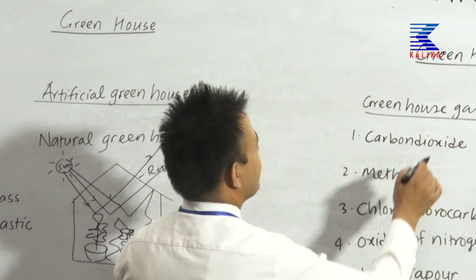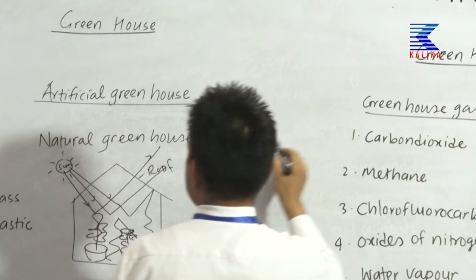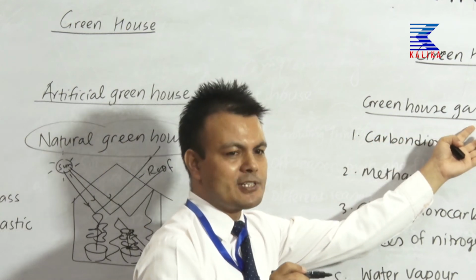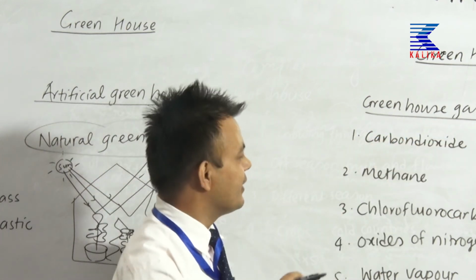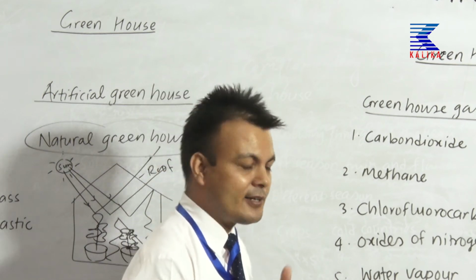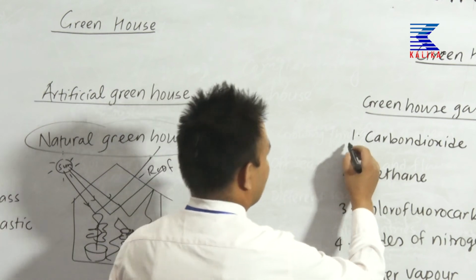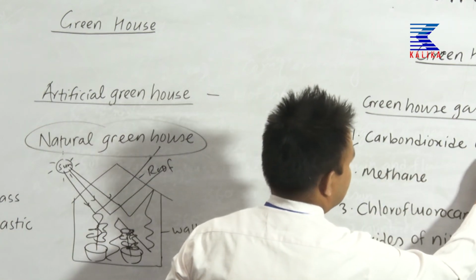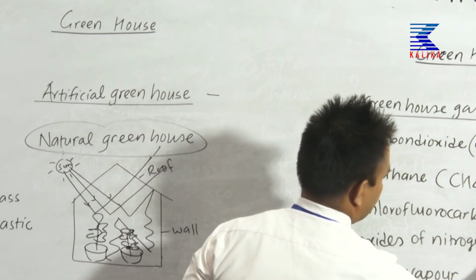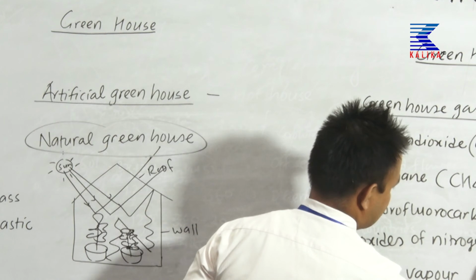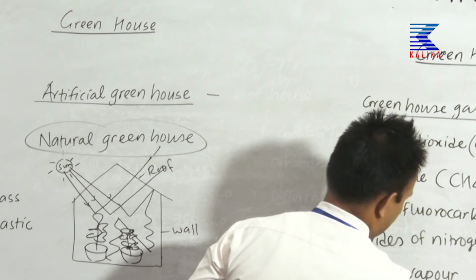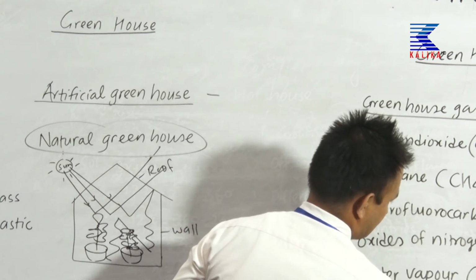So Earth itself is a natural greenhouse, and greenhouse gases are responsible for the greenhouse effect. It means they are responsible for trapping the heat and increasing the temperature. What are they? Carbon dioxide, CO2, methane, CH4, chlorofluorocarbon, CFC, oxides of nitrogen, nitric oxide, NO, or nitrogen dioxide, NO2, water vapor, H2O.